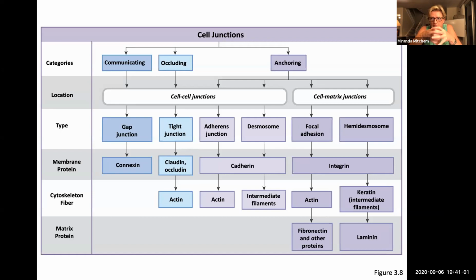Their job is to allow that stretch, but then importantly, it returns to its pre-stretch stage. So a desmosome, which is found in the cardiac tissue, is a very good example of that. So as you can see, there are other types of gap junctions, and they have their different functions, and there certainly is some overlap between them, but we're going to focus on the gap, the tight, and then desmosomes.